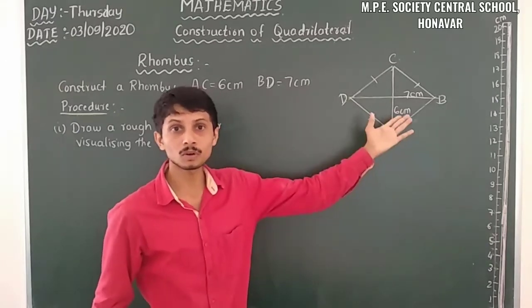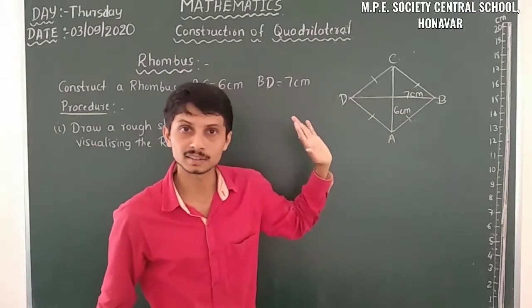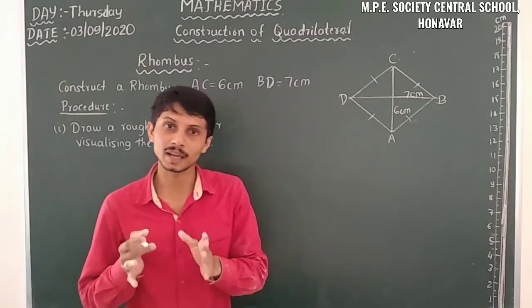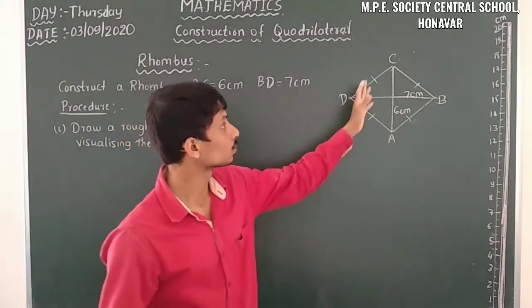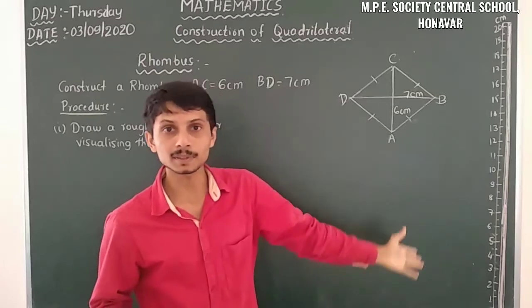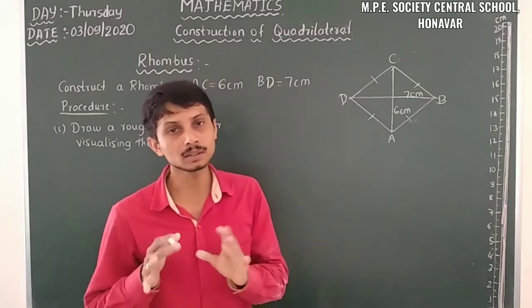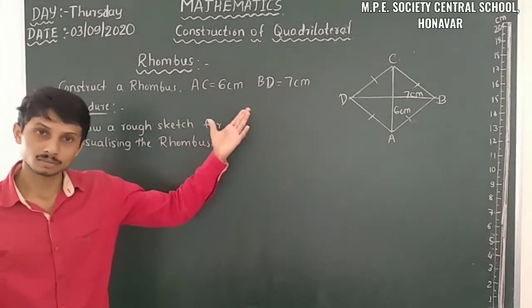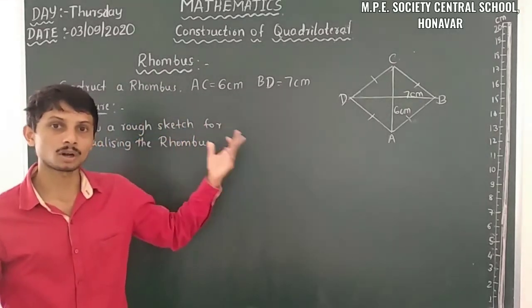Apart from the sides we know only the diagonals. We know the length of the diagonals. From the length of the diagonals only we have to construct those diagonals, and after that we have to construct the complete rhombus here.